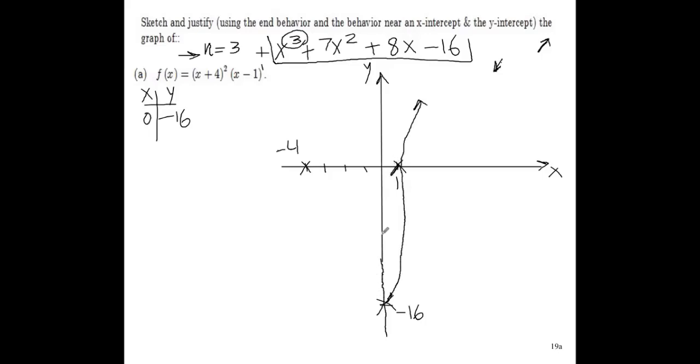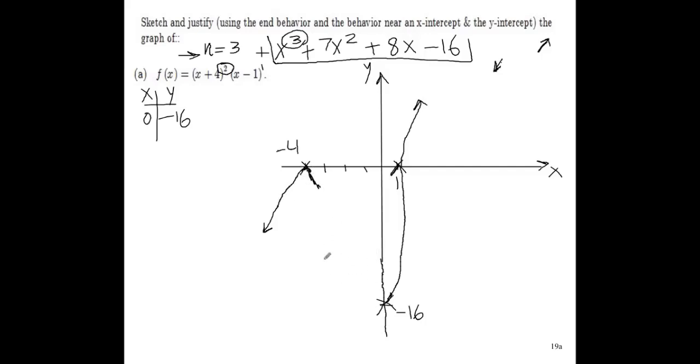At x equal to -4 we have multiplicity of 2, so from the left side I know the graph is going to go down this way, and because the multiplicity is 2, it's going to bounce back here, so it's going to be tangent to this point and go down.